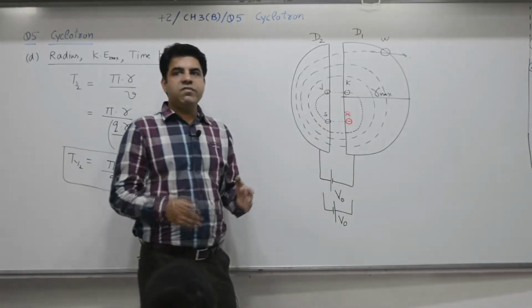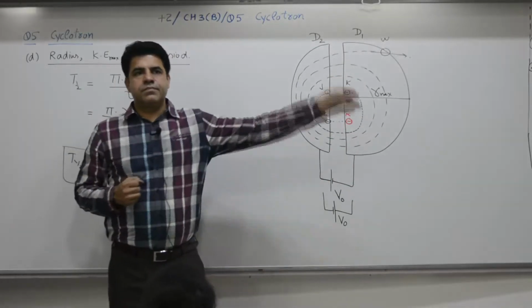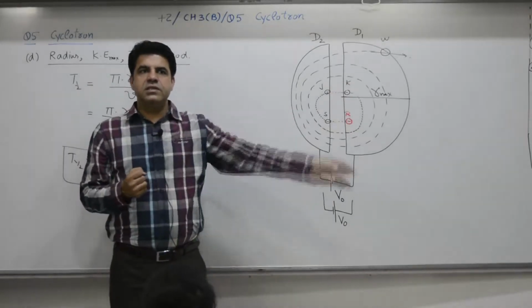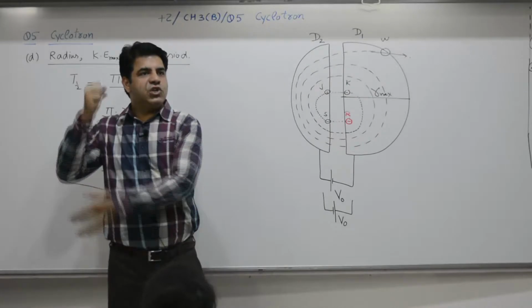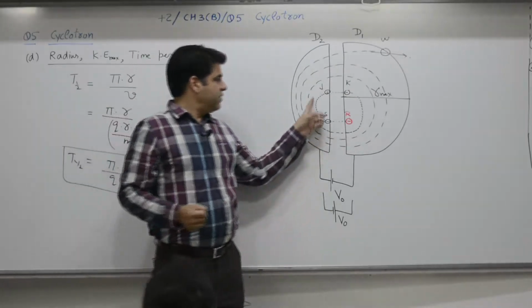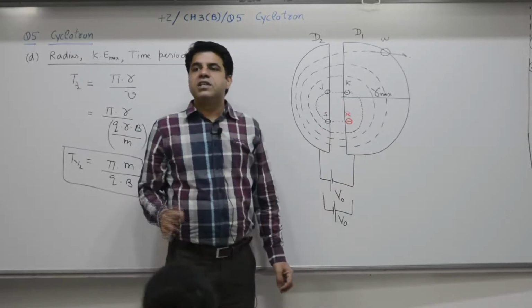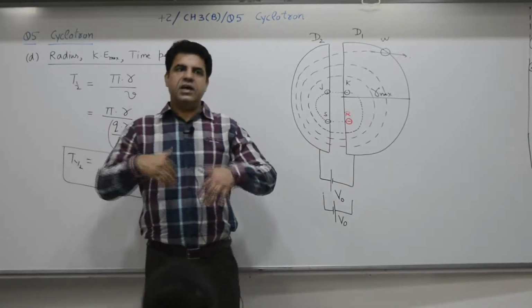So it is a question of time, like in a swing. I am giving this energy jerk, and the two are synchronized or not. So the time period of this charged particle and the applied voltage need to be synchronized.